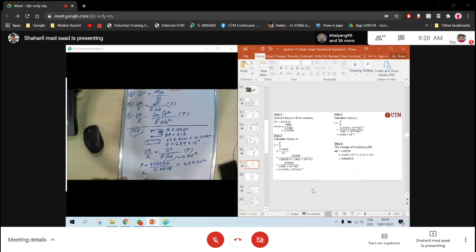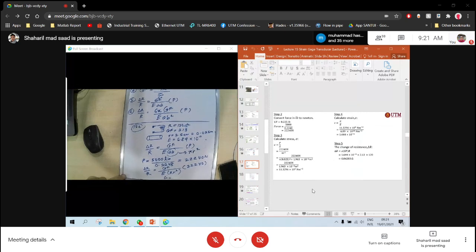Now you got the formula: delta R over R equal to your GF over E pi r squared times 22240 Newton. Then you can find the delta R here.